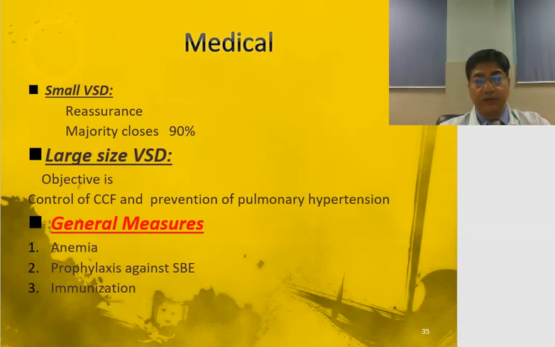You need digoxin in the condition of acute congestive heart failure or when the heart is dilated. Otherwise, the volume overload measures are sufficient for pharmacological management. And remember, always address the associated problems, and you need to give extra calories to these children.